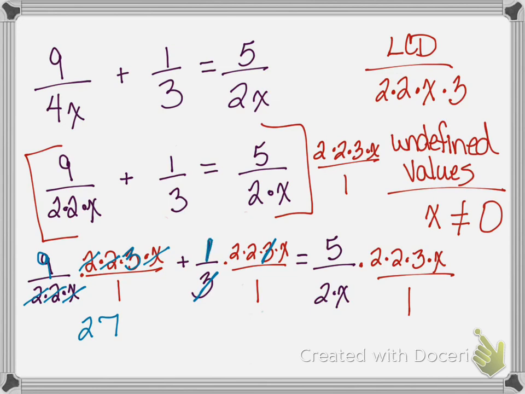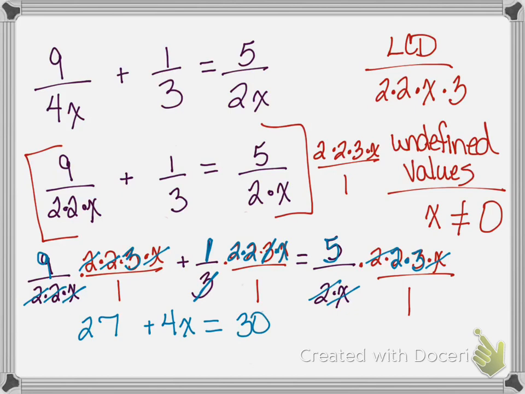So I'm left with 1 times 2 times 2 times x. That is going to be 4x. Okay? Then I have a 2 and an x that can cancel, but I'm left with 5 times 2 times 3. 5 times 2 times 3 is 30.